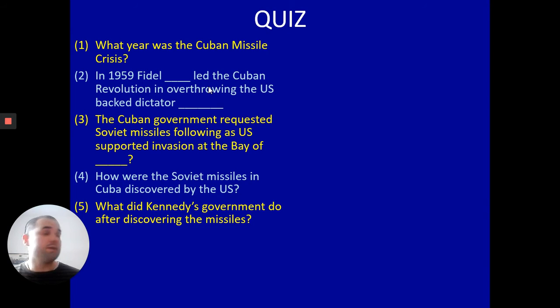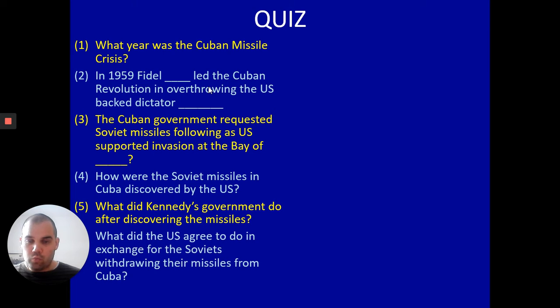So what was the Kennedy government's response once they discovered the missiles? Right, number 6. What did the US agree to do in exchange for the Soviets withdrawing their missiles from Cuba?